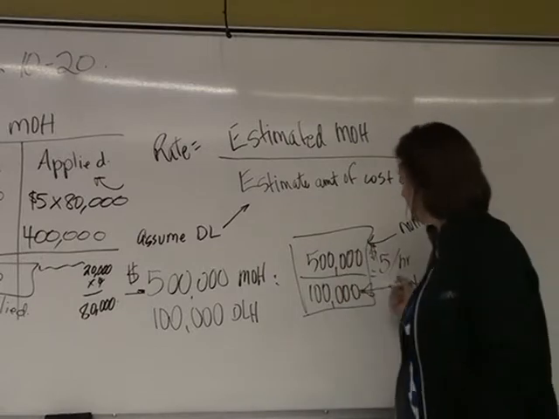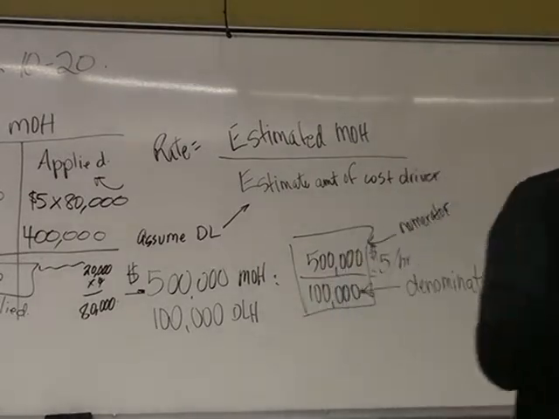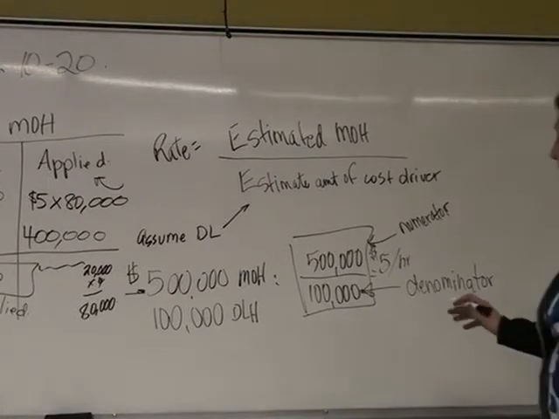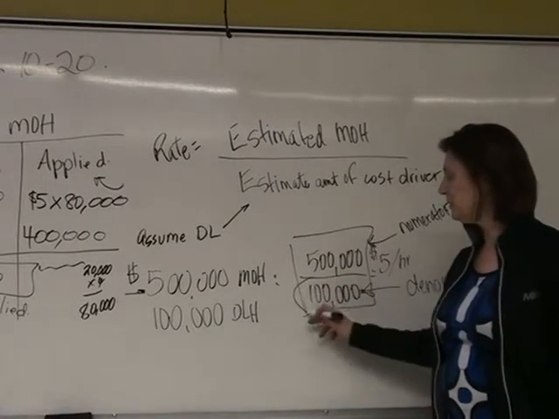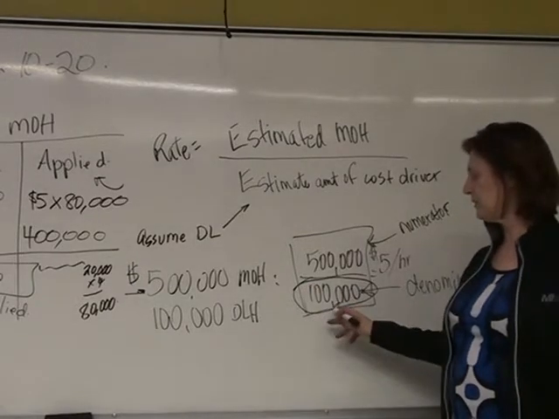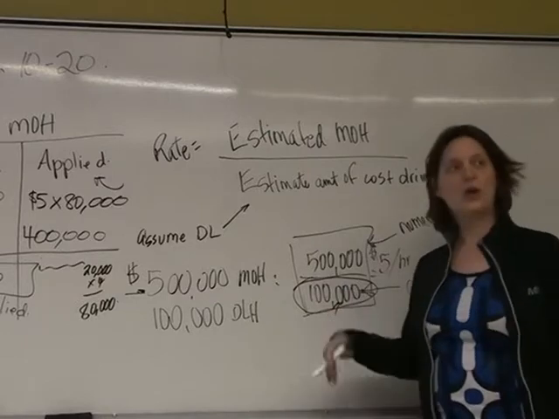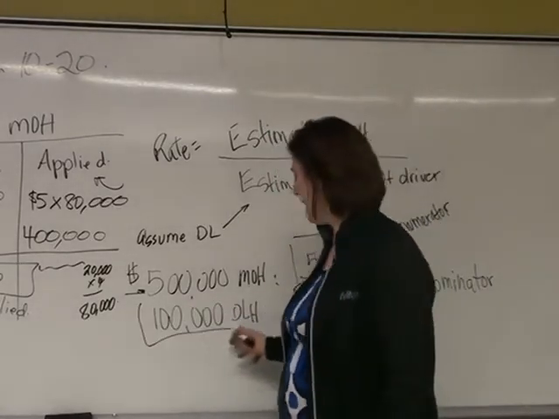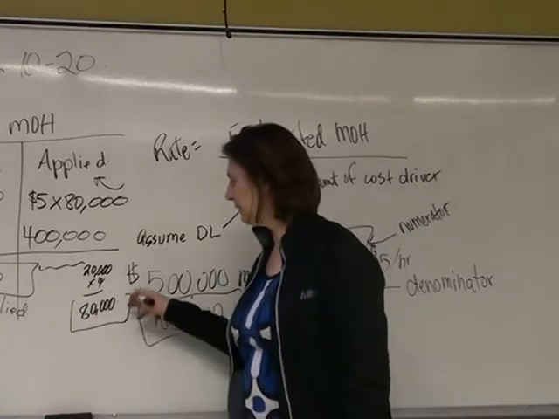The reason I'm telling you that is because they refer to denominator activity in the textbook. So what they're trying to tell you is that because you're estimating based on an assumption that you're going to use a certain amount, it's going to cause a variance if you don't use the same amount that you estimate.